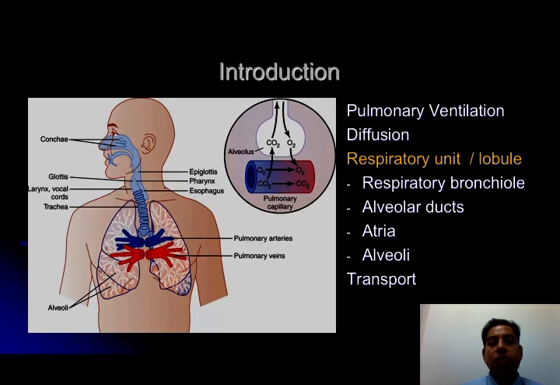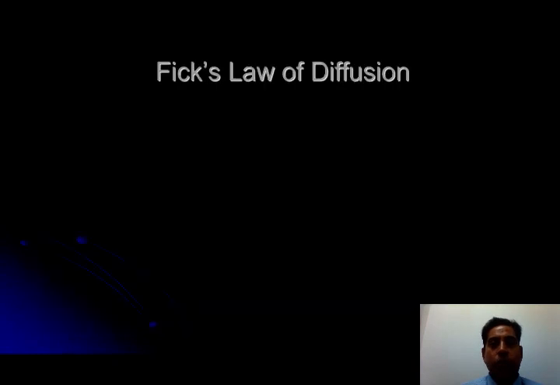Now transport will occur basically by means of your blood, and this blood, which is rich in oxygen, will be carried to the tissues where it can be utilized for internal respiration, that is the breakdown of foodstuffs. Oxidative phosphorylation will occur, and you will have the end products of aerobic metabolism, that is your ATPs and formation of carbon dioxide, which can again be brought back to the lungs to be expired out.